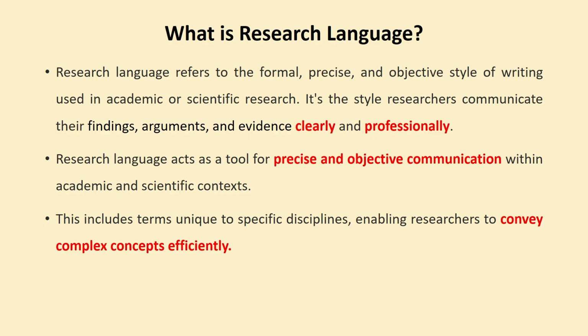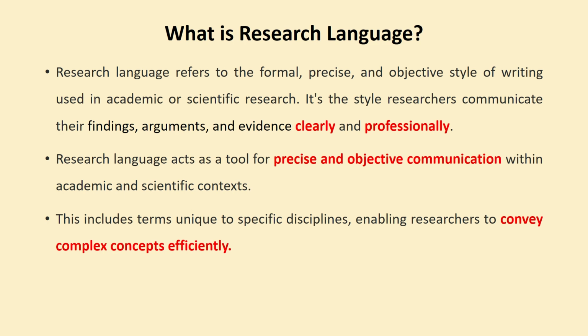Research language refers to the formal and objective style of writing used in academic or scientific research. It is the style in which researchers communicate their findings, arguments and evidence clearly and professionally.